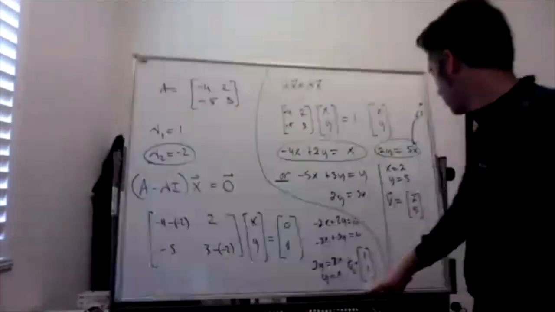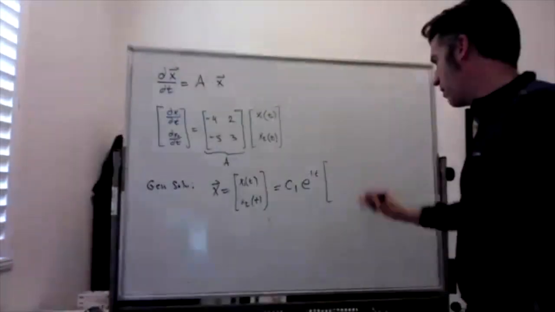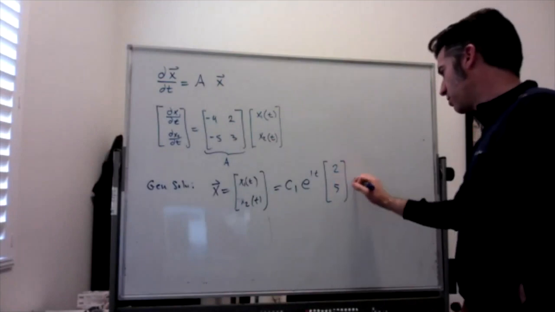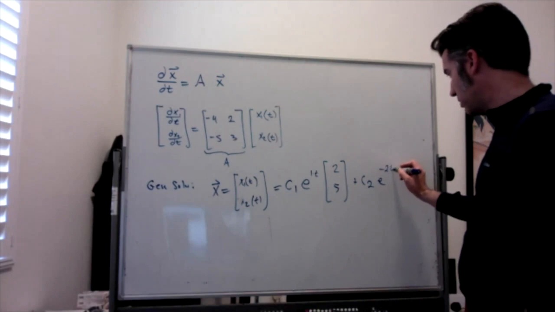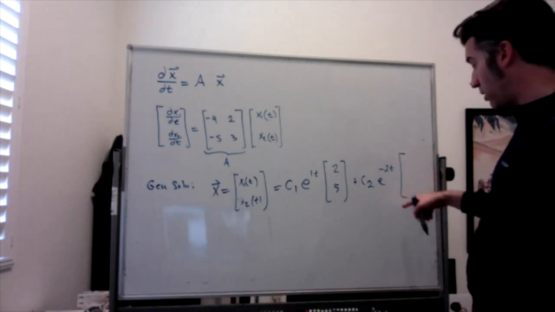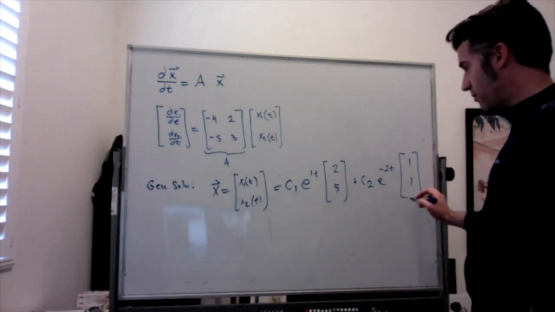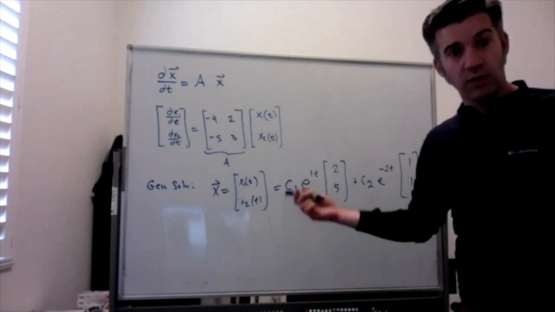And then plus c2 e to the lambda 2 t, which was negative 2 times t, times v2, which is 1, 1.